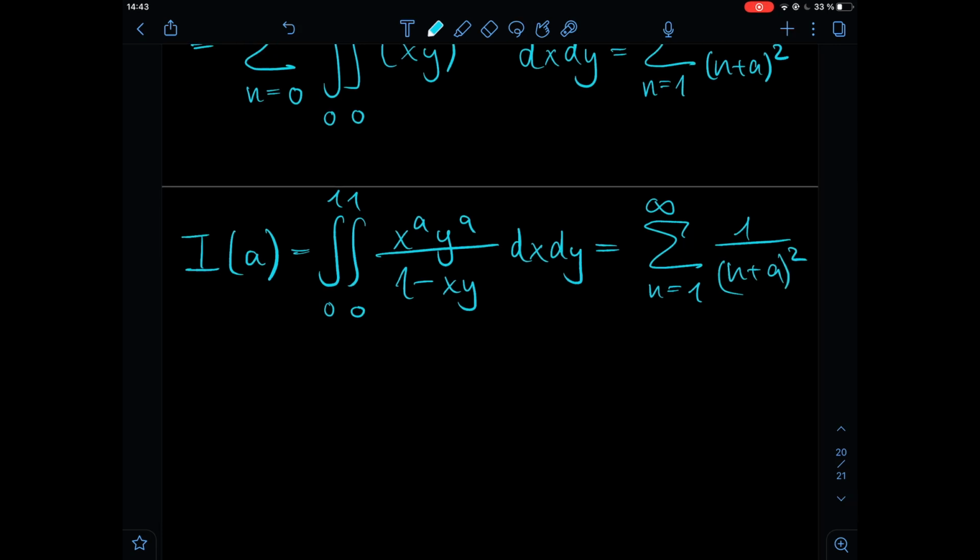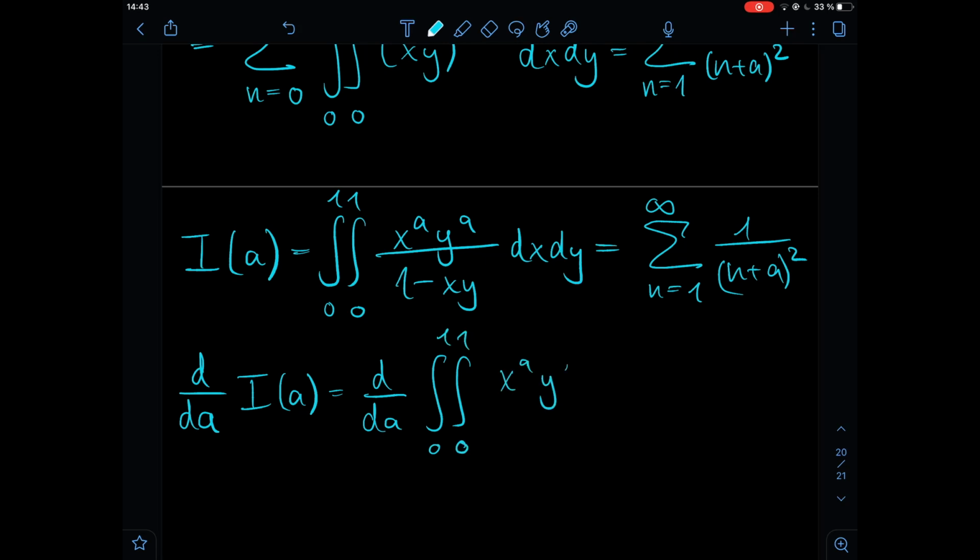And now we do the derivative. We just take the derivative now. So what we do is we take the derivative with respect to a of the function I of a, and of course of the right side as well. So the derivative of this double integral with respect to a will give us a logarithm. So let's write it here.